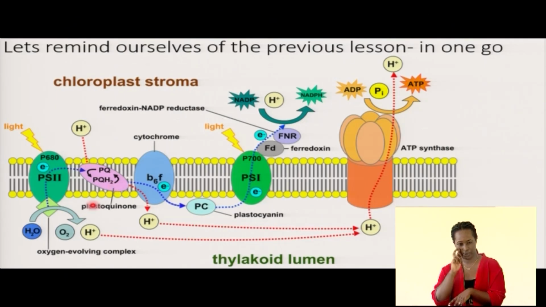So let's check through. When light strikes a pigment, the electrons get excited, move to higher energy levels, and then pass through and are received by a primary acceptor here, and then passed on through a cytochrome system.